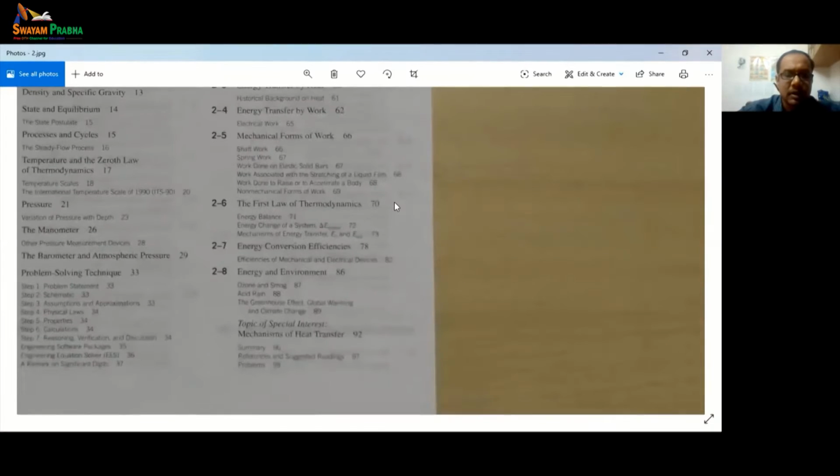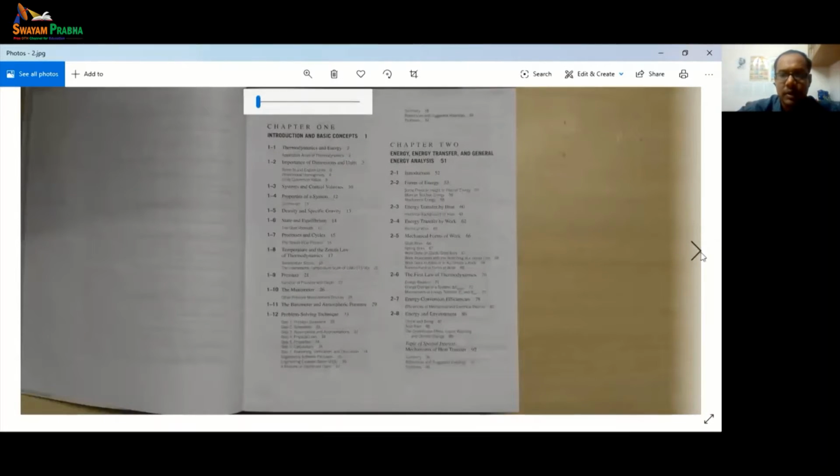So today I'll be taking a few problems again from chapter 2 itself, because this is a very important chapter which sets the foundation correctly for the later chapters. So let us first take the first problem today.